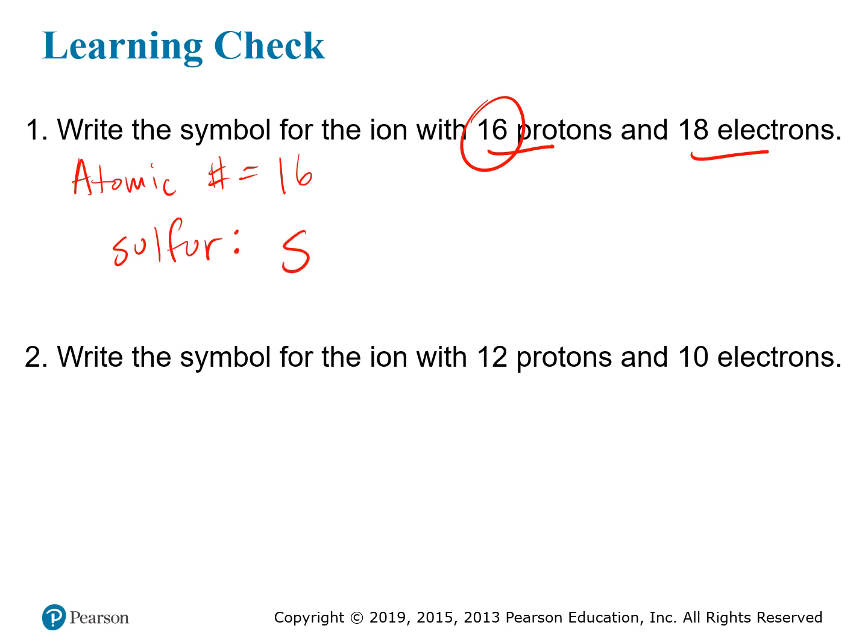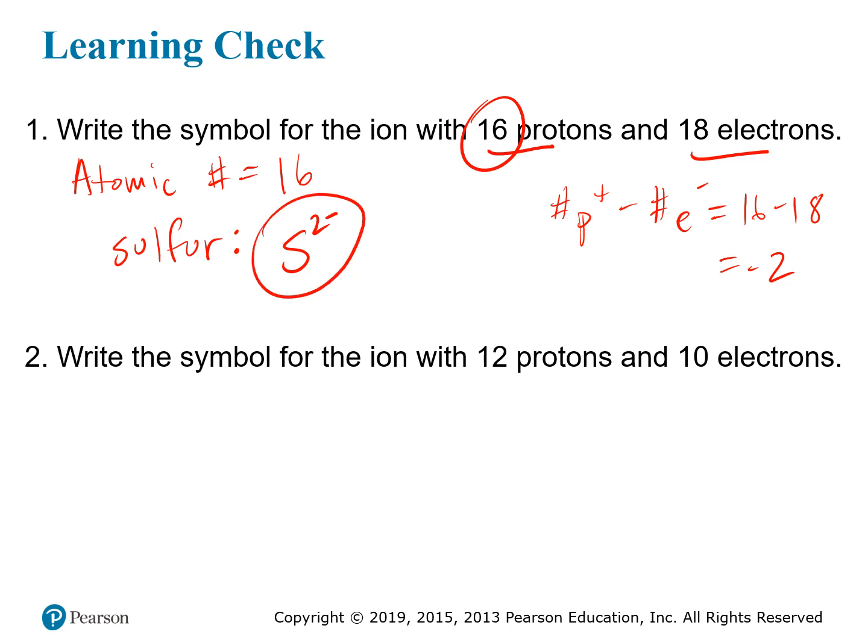Now we just need to know what charge is on this ion. If you remember back to previous slides, when we talked about protons and electrons and atomic structure, the charge is just the number of protons minus the number of electrons. And so the charge in this case is 16 minus 18, which is -2. And so we have a 2- ion.